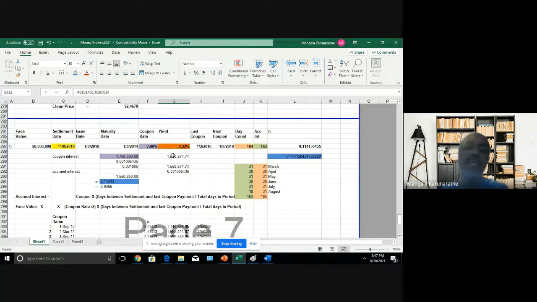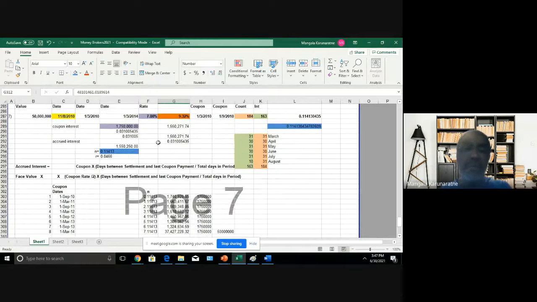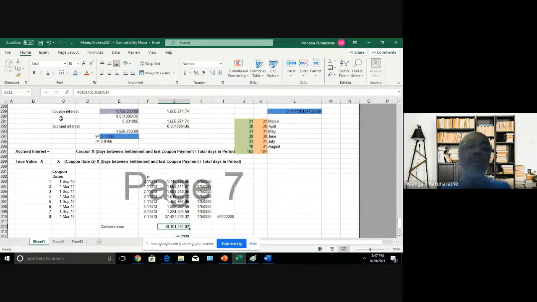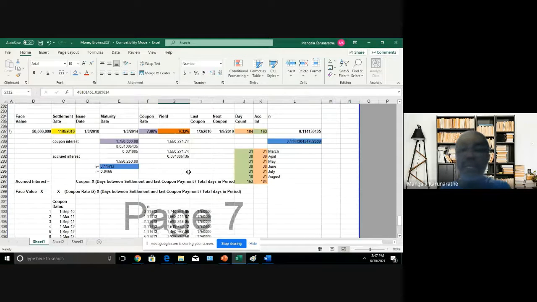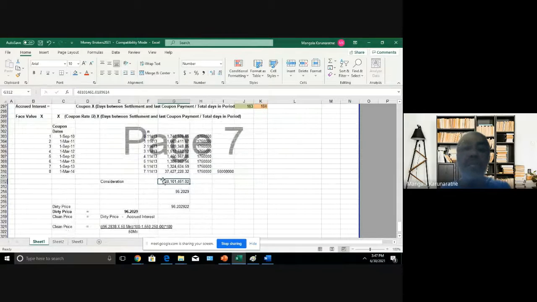So the deciding factors are the settlement date and the yield, right? And obviously the quantity, which we know here is 50 million. So these are the cash flow present values, and you get 48 million net present value of future cash flows. One by one only we have done.